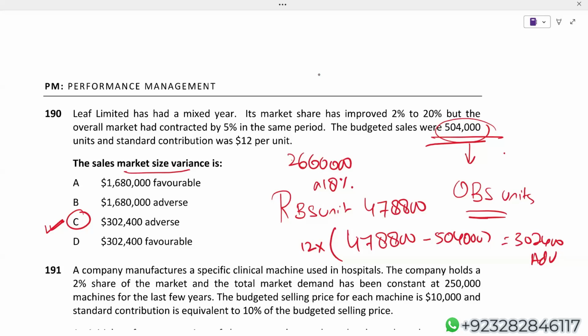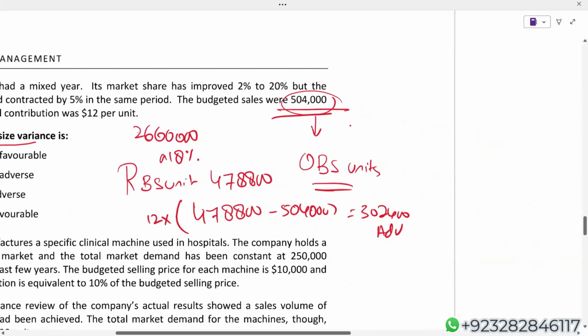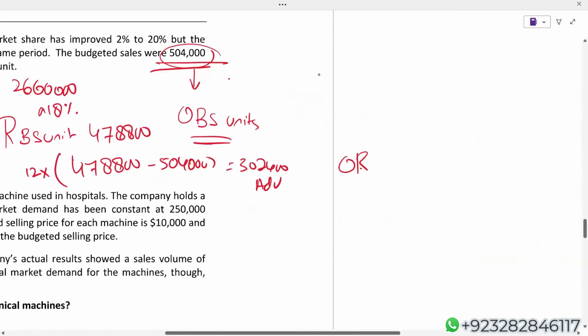Okay, or you can do this as well. Original market size was 2.8 million.